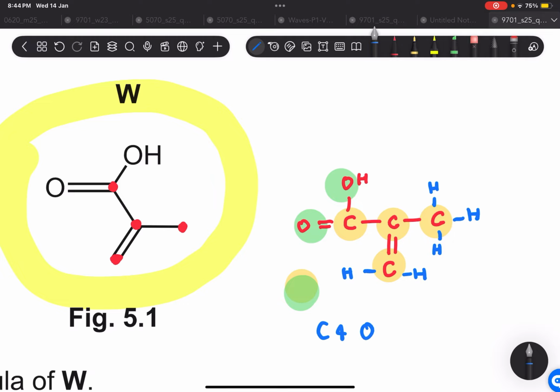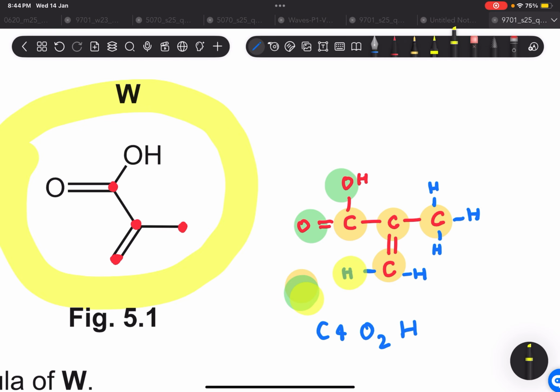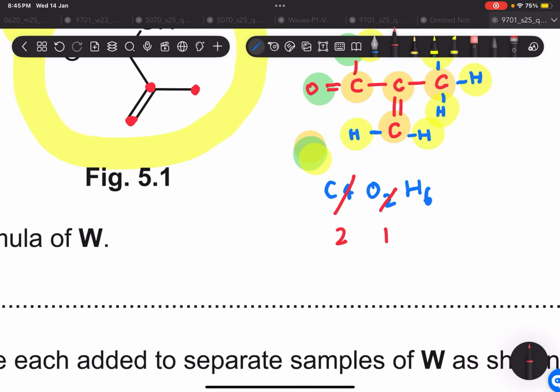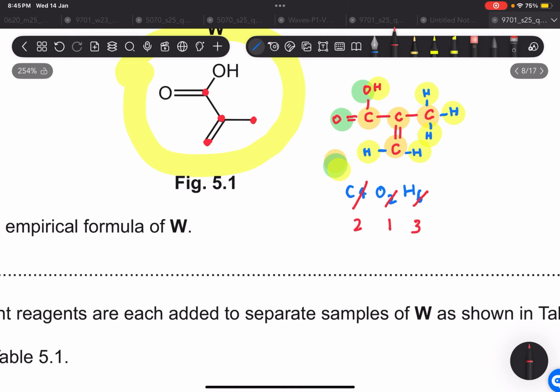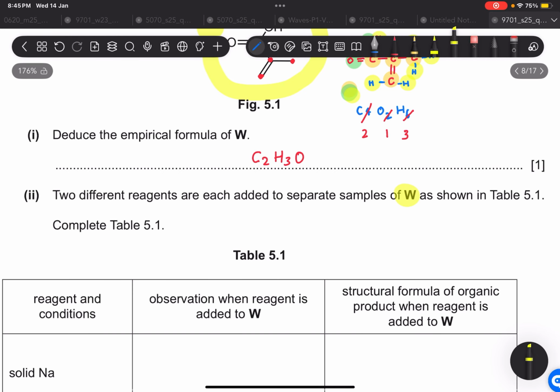C4 O2, and H is going to be 1 2 3 4 5 6, H6. So 2 one times and 2 three times. So this becomes C2H3O. Okay? 2 different reagents are each added to separate samples of W as shown in table 5.1.